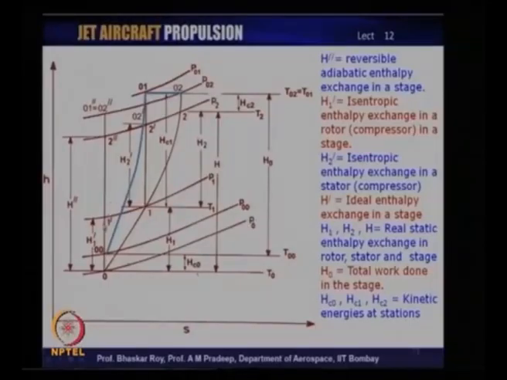Similarly, there is a total pressure change from P 0 to P 01 and then to P 02, and there is an enthalpy change from H 0 to H 01 and H 02. Those are the stagnation properties: stagnation temperature, stagnation pressure, stagnation enthalpy. Now, those stagnation changes are what is shown here through this blue line.